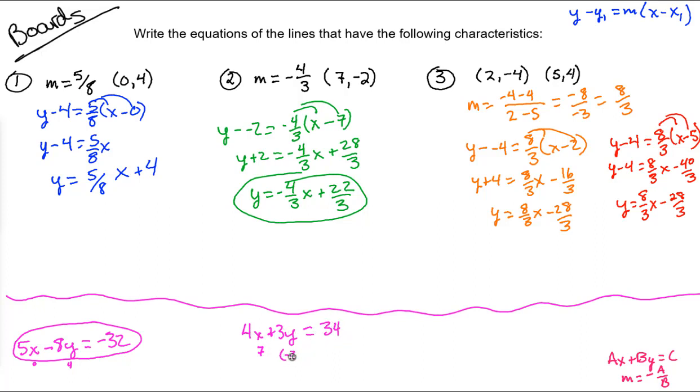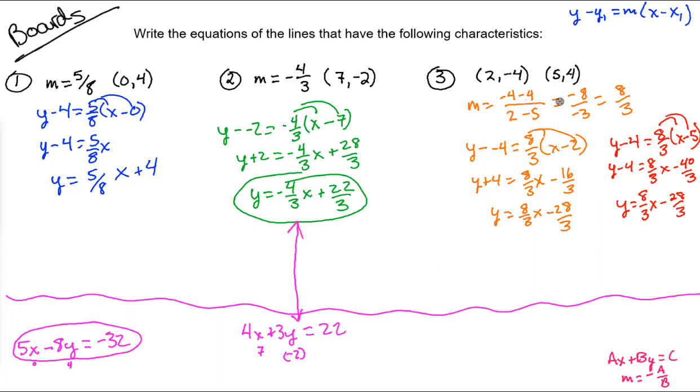Oh, that's a negative. Just kidding. Let's back up there just a bit. That's a negative 2 we're sticking in there. So it's 28 minus 6 is a 22. And what's cute is if you were able to solve for y here, subtract 4x, divide by 3, you'll get this exact, those are the exact same equation.